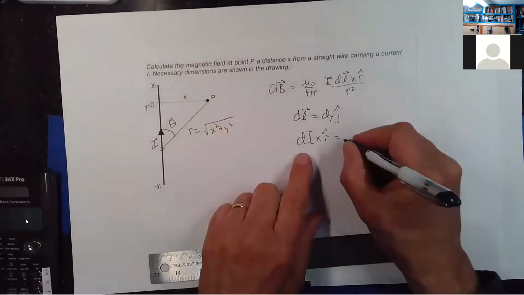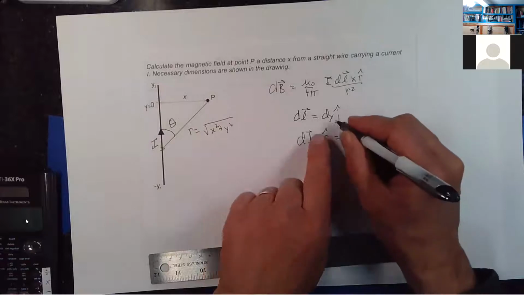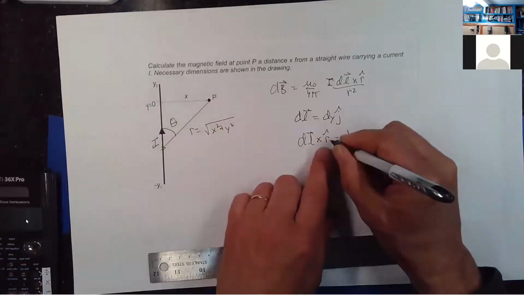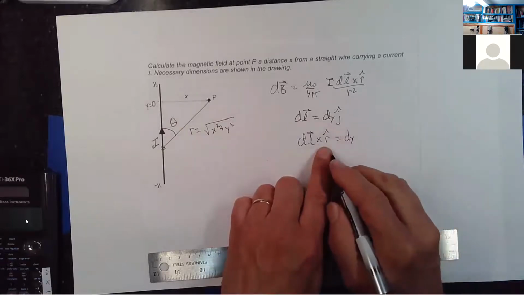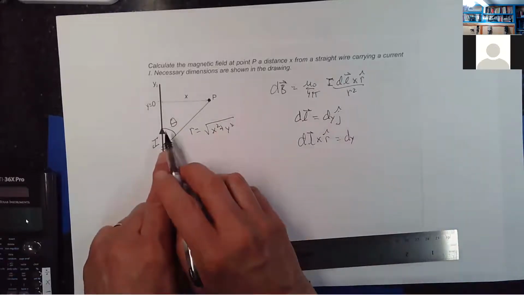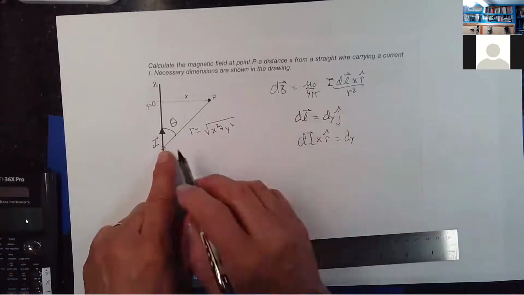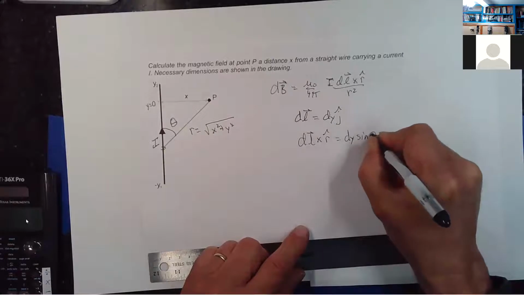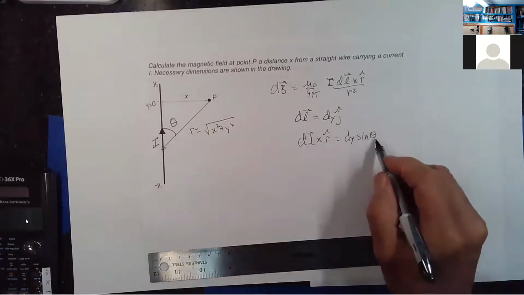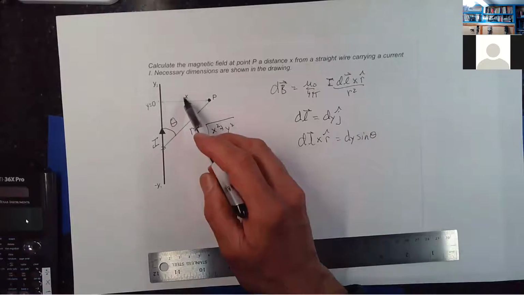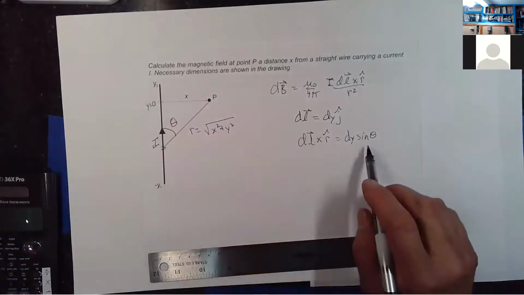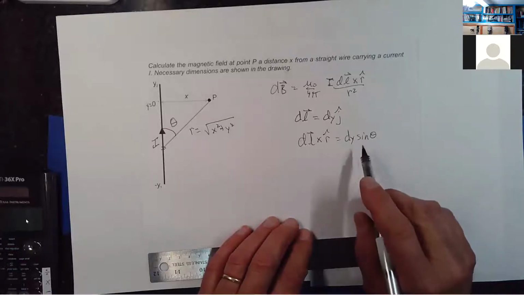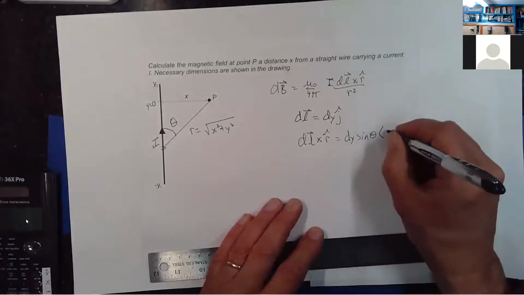So I will have the magnitude of dl, which is just dy, the magnitude of r hat, which is just 1, and the sine of the angle between the two vectors in the cross product, so that's the sine of theta. I'll express that in terms of x and r shortly. And it's going to be in the minus k hat direction.